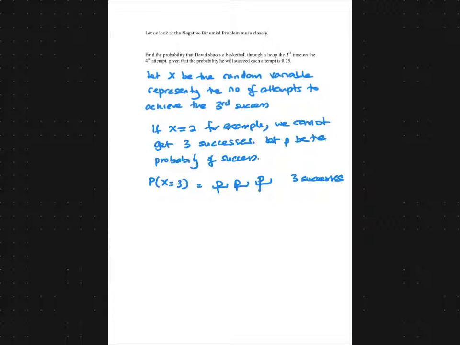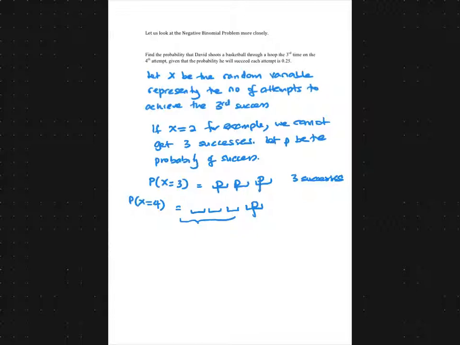To get P(x = 4), we must have a success on the 4th, and we need 2 successes in the first 3.